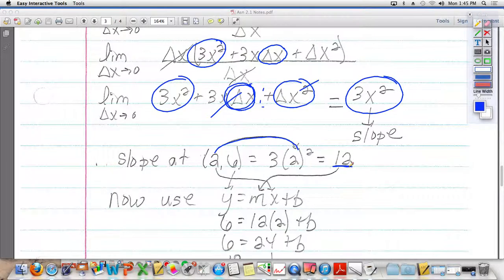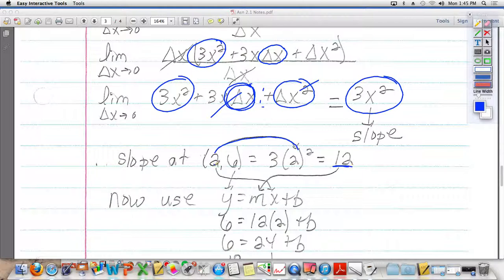So you go back to this formula, which you used probably in middle school, and then when you were in 9th grade, and 10th grade, and 11th grade. I know it's come up periodically throughout many, many years. The y value is 6, so I put a 6 in here. The slope is 12, so I replace the m with the 12.